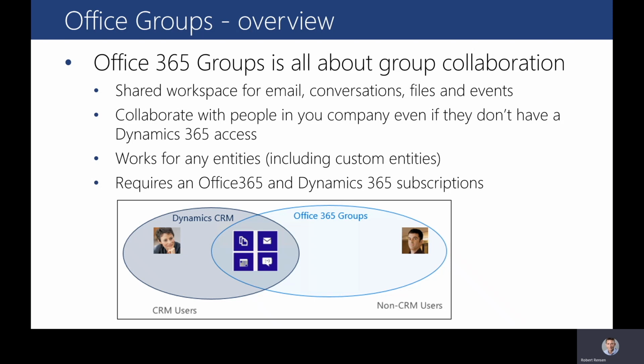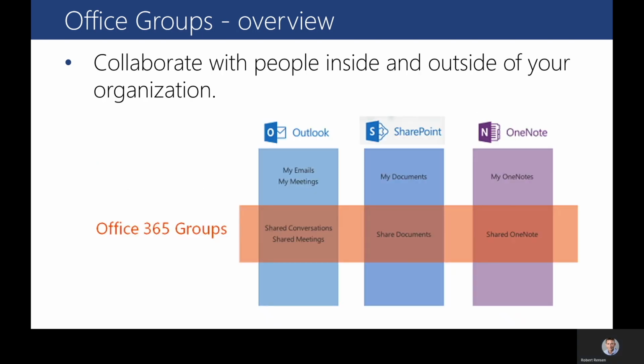And you can enable Office 365 groups for any entity. As mentioned, you can collaborate with people inside and outside of your organization, and it includes chats, document management, calendar, and OneNote. And it's accessible only to designated group members. This is ideal for collaboration or teamwork in the context of a Dynamics 365 record.